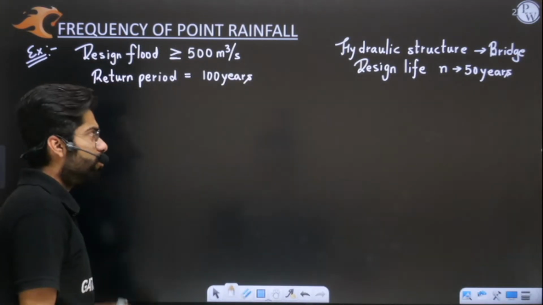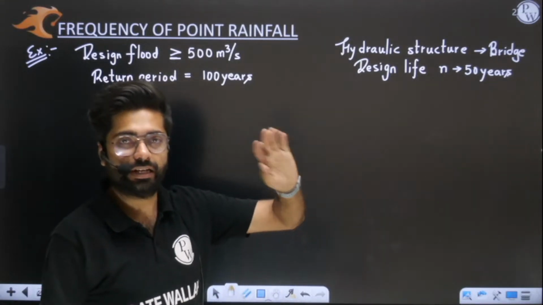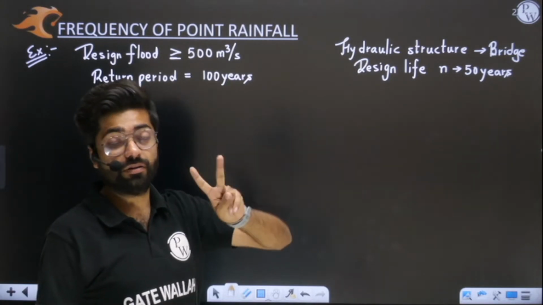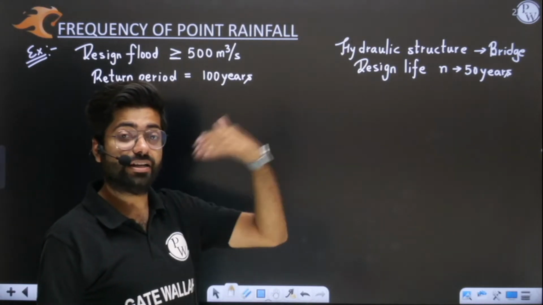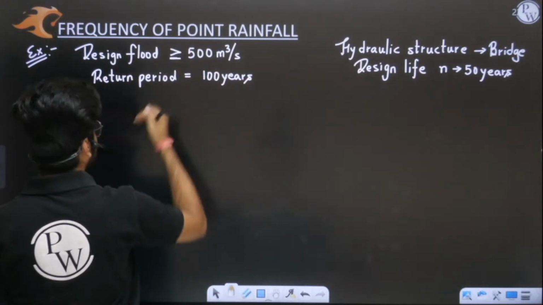So approximately once in 100 years you will see 500 meter cube discharge or greater than that discharge. Exceeded or equal. Remember two words: we are saying greater than or equal to, or equal or exceeded.